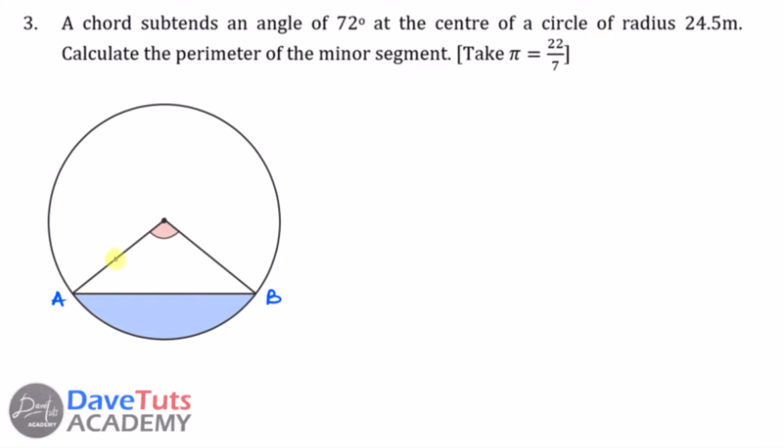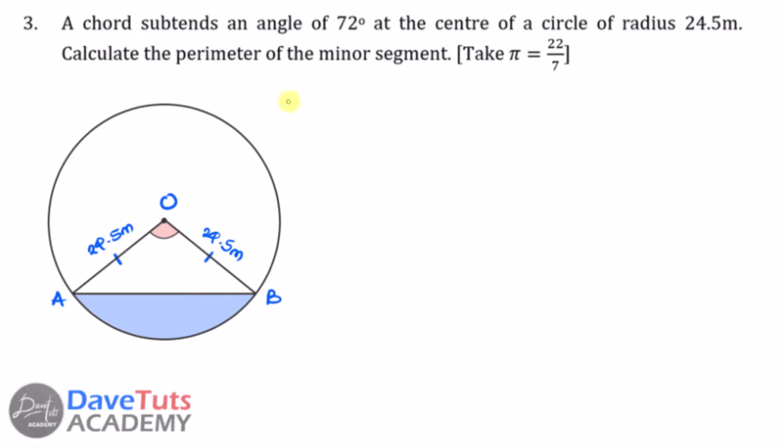The radius is from the circumference of the circle to the center of the circle, and since from A to center O of the circle and O to B of the circle, they are both constituting the radius of the circle, each one of them is 24.5 meters, and this is also 24.5 meters. Okay, so we need that understanding first and foremost.